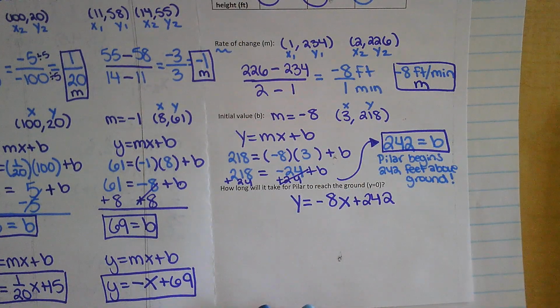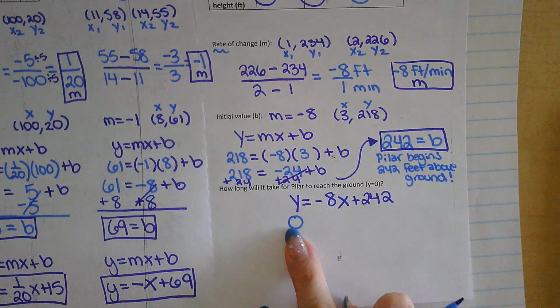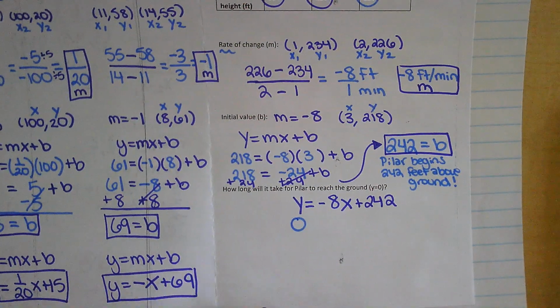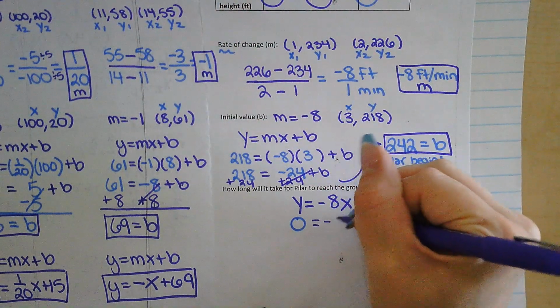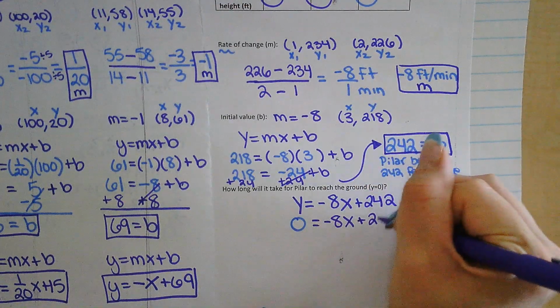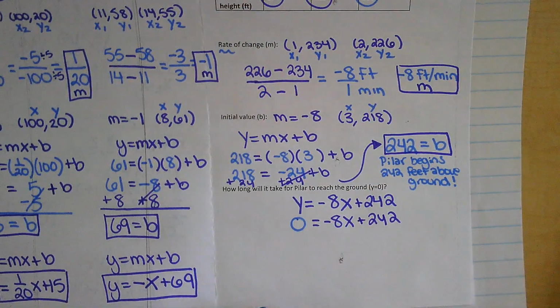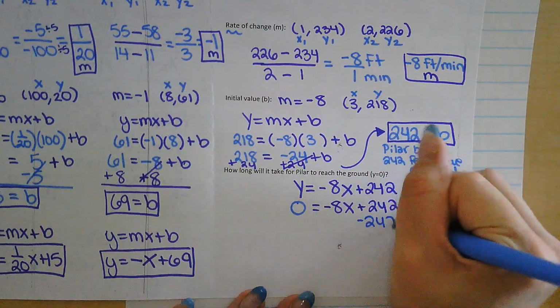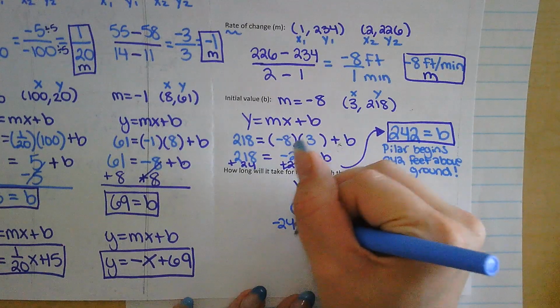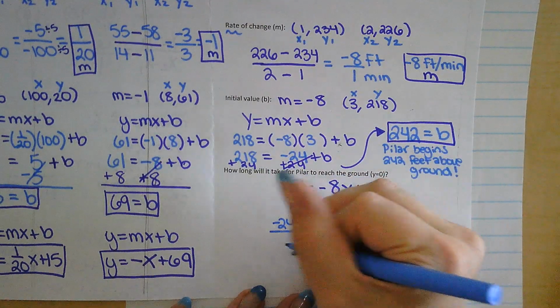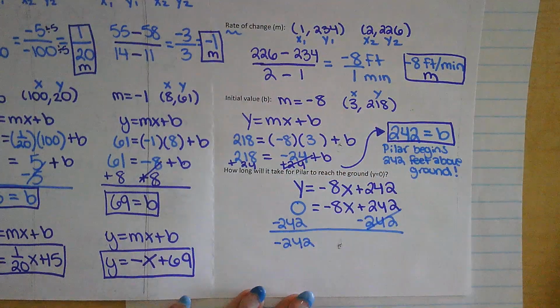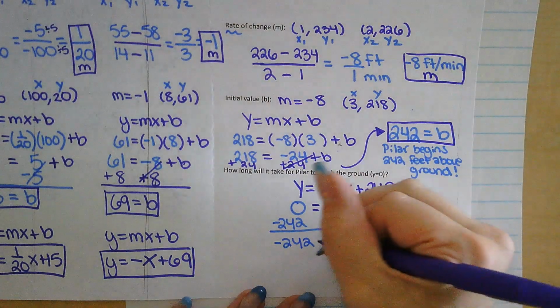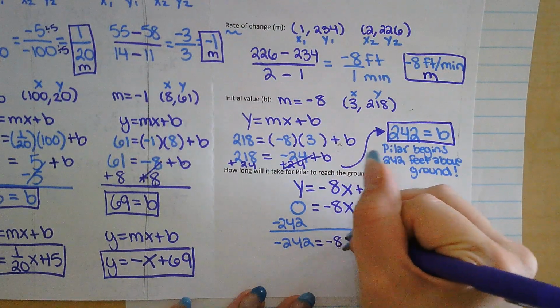Now, I want to know, when is the height 0? Right? When is the height 0? And we can solve this like a regular two-step equation by subtracting 242. And then dividing by -8.